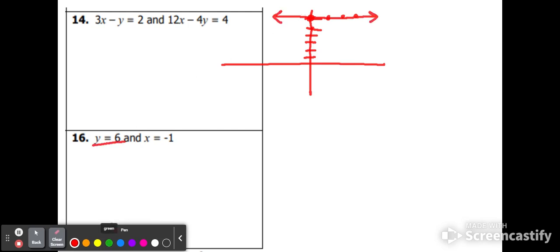Now, if we then create x is -1, so we have x is -1, 0, -1, 2, -1, 3. No matter what, if we have these two scenarios, we are going to get a perfectly 0 and a perfectly undefined, and we will have a perpendicular set of lines. So if one of them has y equals something and the other has x equals something, we are going to have perpendicular lines.